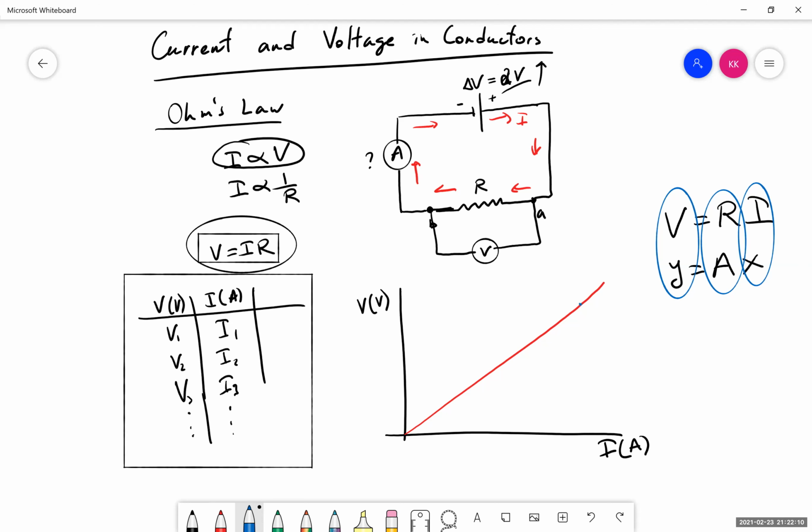If I find 2 points on this line, this is my voltage and this is my current, and voltage over current, which is rise over run, is basically my resistance.